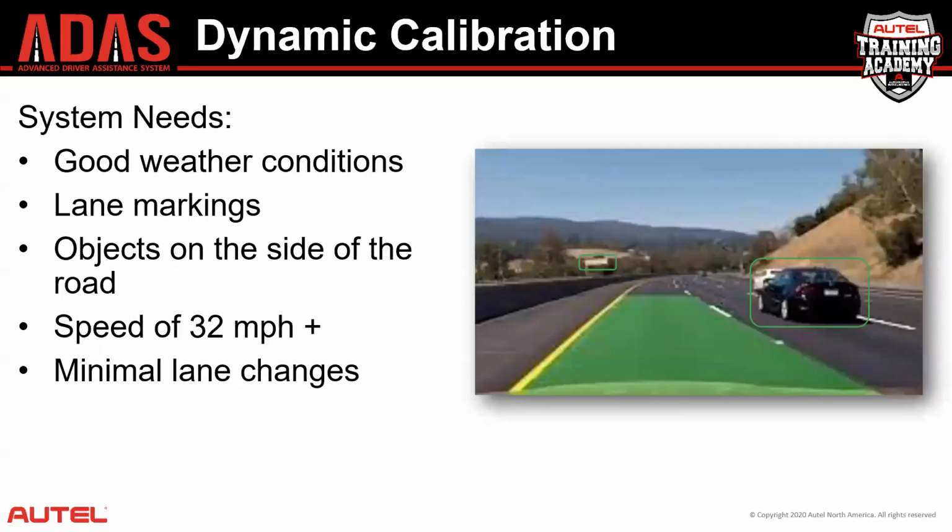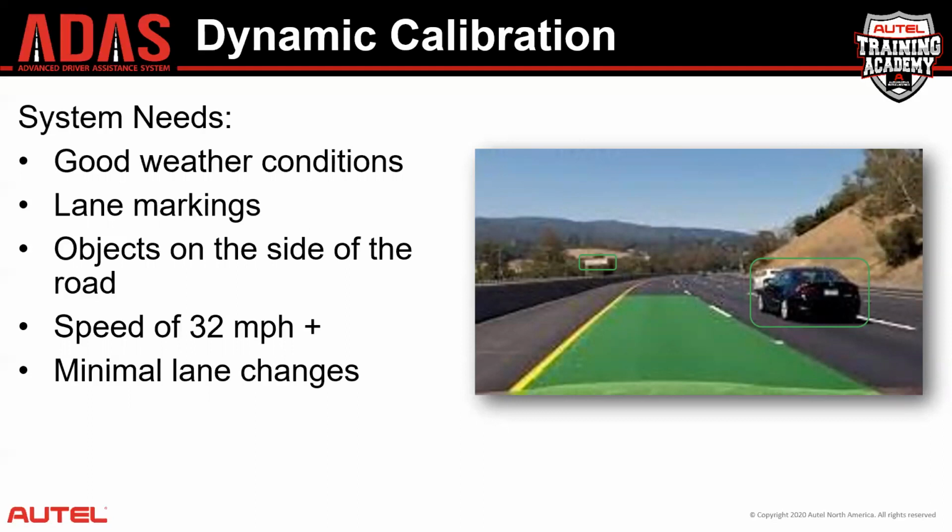So calibrations, there's two types of calibrations. First, dynamic. Dynamic calibrations are initiated by a scan tool, and then the vehicle is driven under very specific driving conditions dictated by the OEM. So you may see conditions like good weather conditions during the day with clearly visible lane markings, with objects on the side of the road like guardrails or garbage cans or mailboxes or pedestrians.